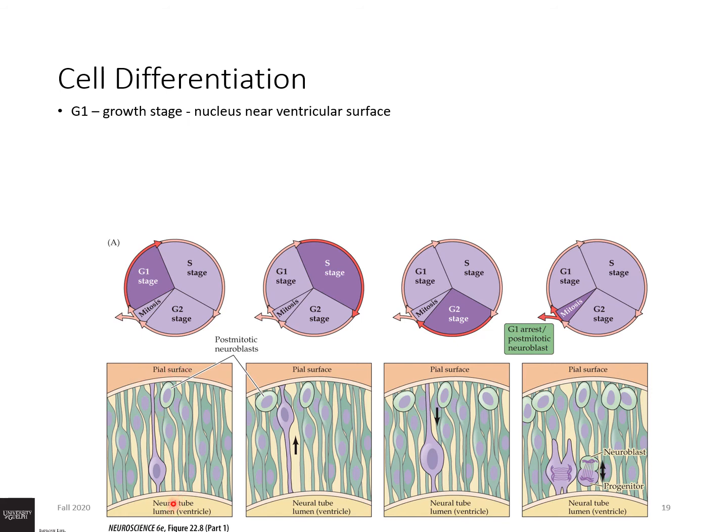So at growth stage 1, the nucleus is near the ventricular surface here. And then at stage S, this is the DNA synthesis stage, the nucleus is migrating toward the pial surface, and the DNA is replicating at that point.